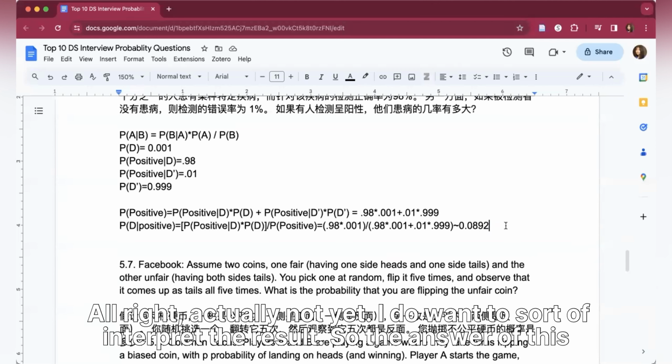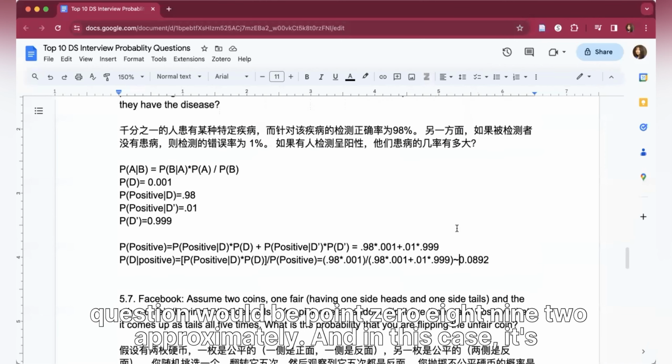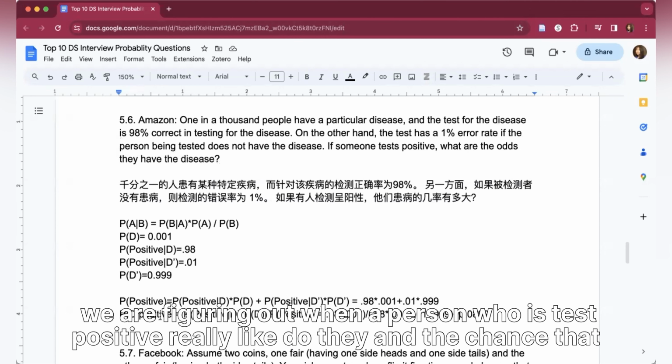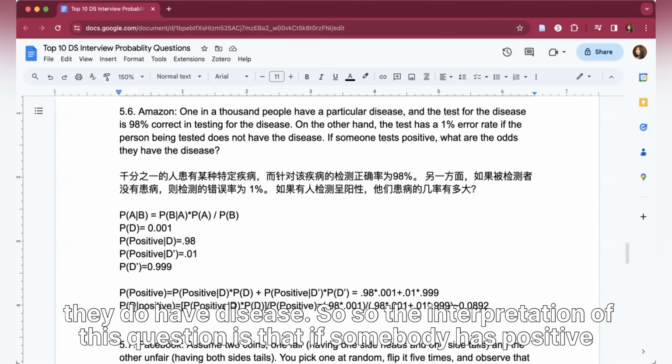I do want to sort of interpret the result. So the answer of this question would be 0.0892 approximately. In this case, we are figuring out when a person tests positive, the chance that they do have the disease.